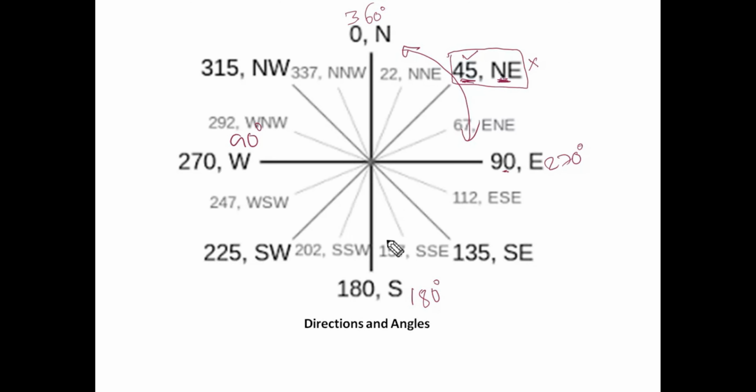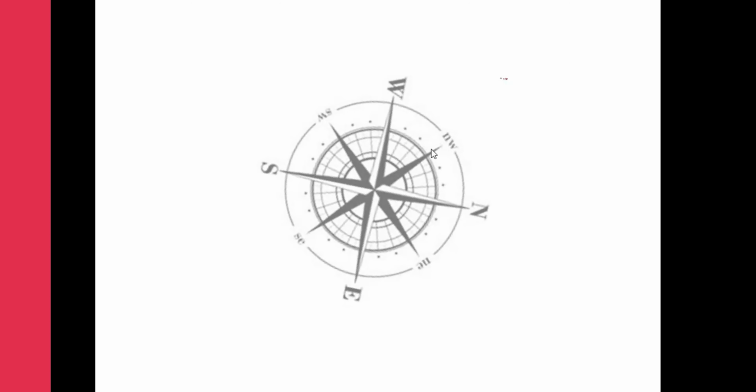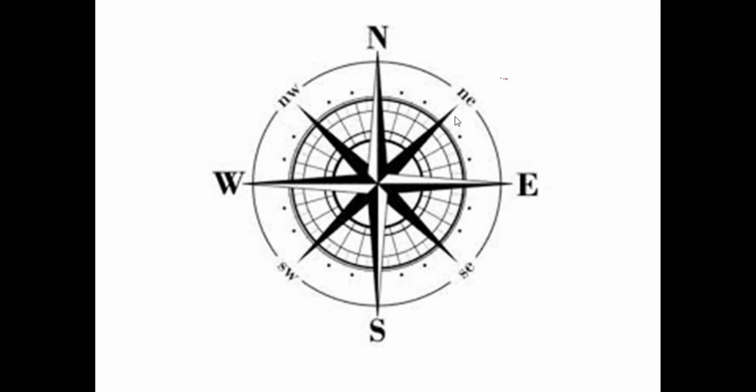Between south and east it is southeast. Between south and west, southwest. Between north and west it is northwest. This is the original diagram. See here. These are the basic directions: north, south, east, and west. This is the region from north to east. This is northeast.